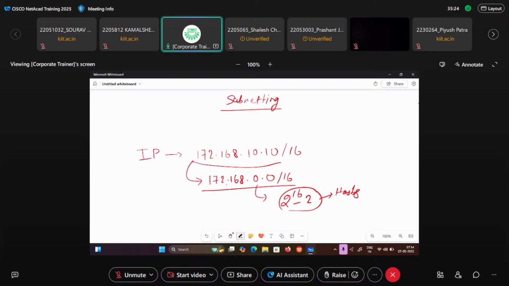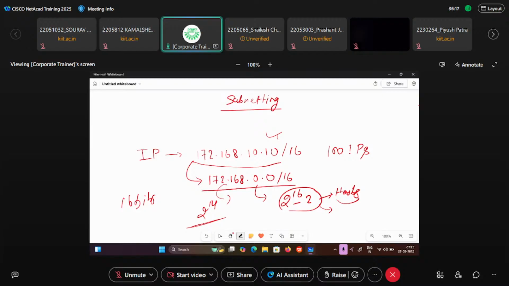And the condition is that if you have a requirement of only, let it be, 100 IPs, but you have used this network 172.168.0.0, you can configure that much of IP from this network, but you required only 100 IPs.